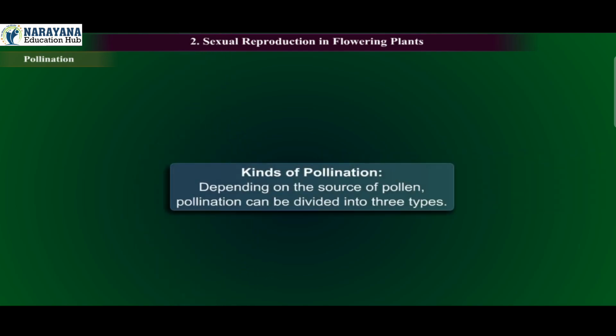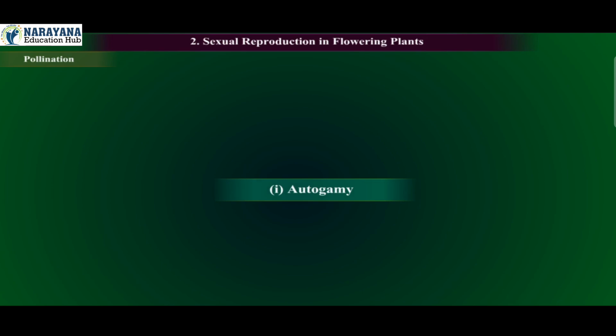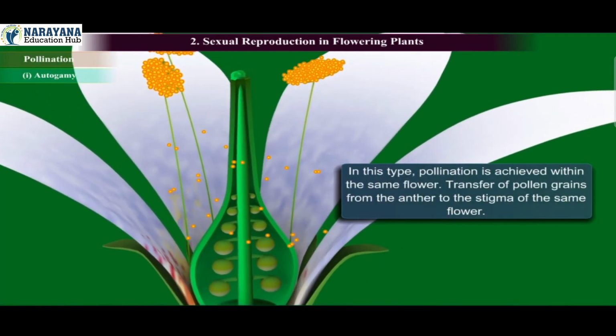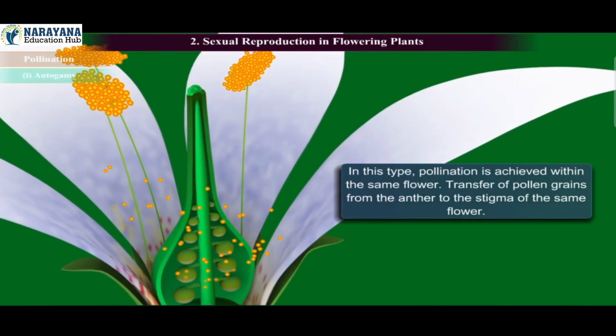Kinds of pollination. Depending on the source of pollen, pollination can be divided into 3 types. 1. Autogamy. In this type, pollination is achieved within the same flower. Transfer of pollen grains from the anther to the stigma of the same flower.